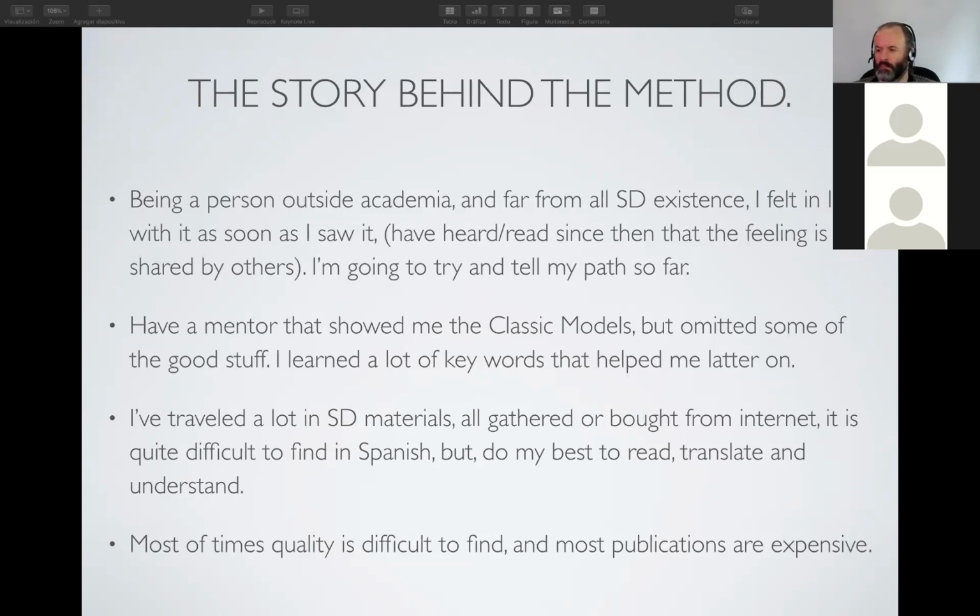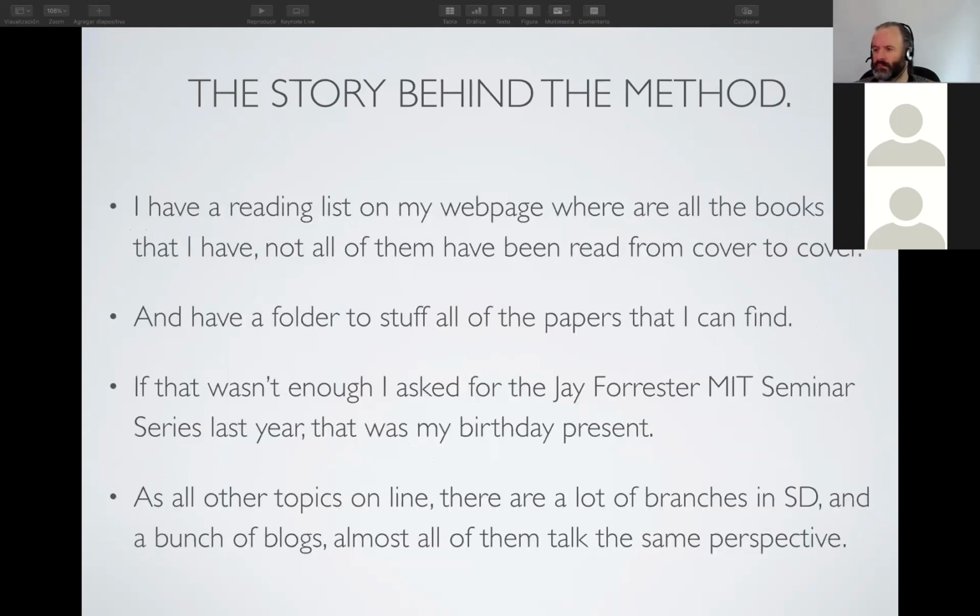Most of the time, it's hard to find quality, and within all the other sciences and topics, it's difficult to find quality and the right branch to set a nest. So I have a reading list on my webpage with all the books that I have started, have read, or have got, and I have a folder with all the papers and models.